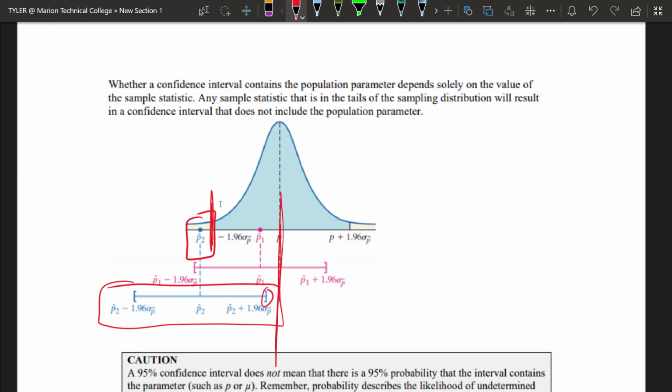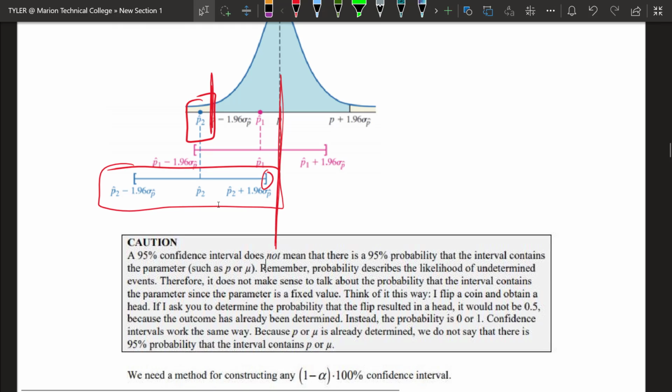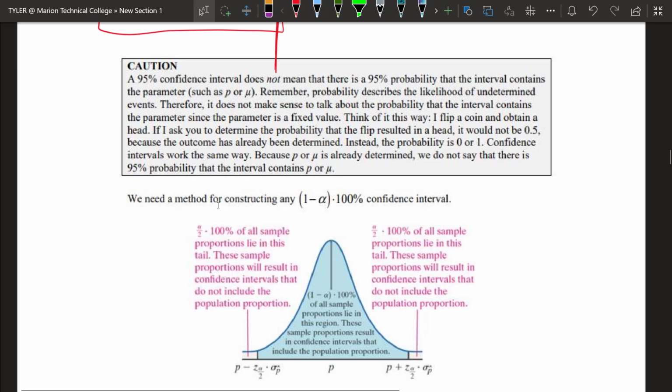This part here, it's too short. So that's when that happens. So that's a visual for what I meant by if your p hat is in the tail, then that's going to cause the confidence interval to not include the population proportion P, right?